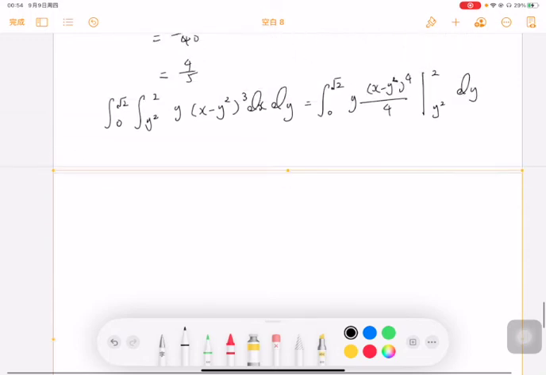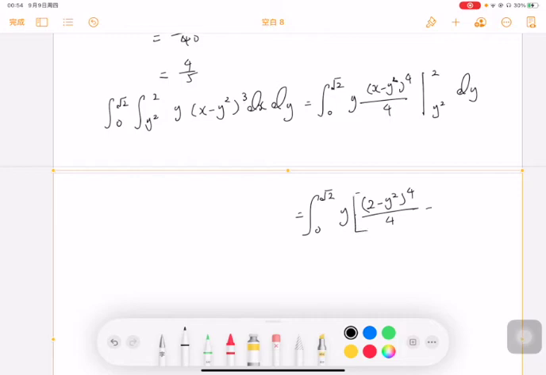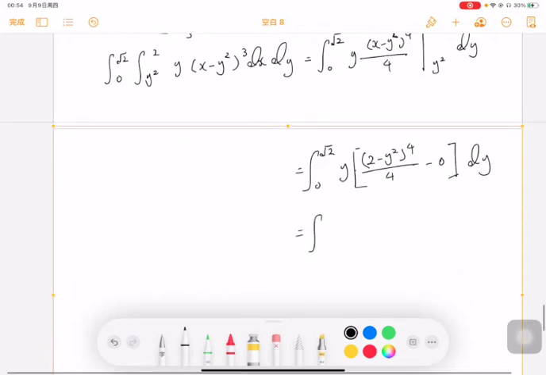Okay, plug everything in, you get the integral from 0 to square root of 2 of y times, well, first plug in 2, you get 2 minus y squared to the 4th divided by 4, then minus y squared, so that's just 0 dy. Okay, you get y times this, so y over 4 times 2 minus y squared to the 4th.